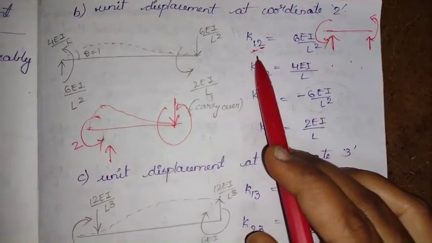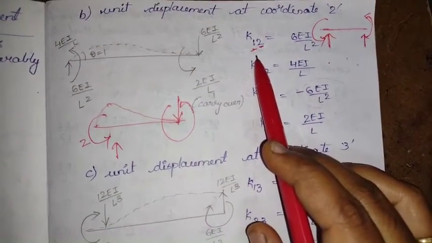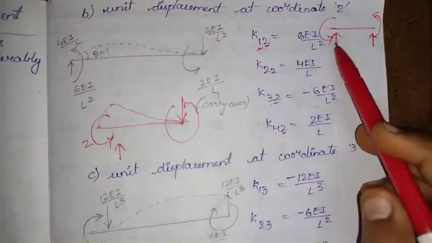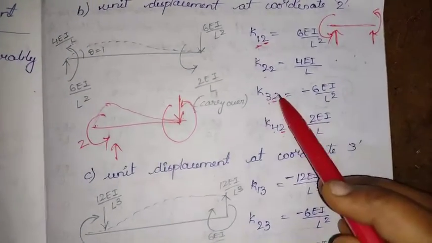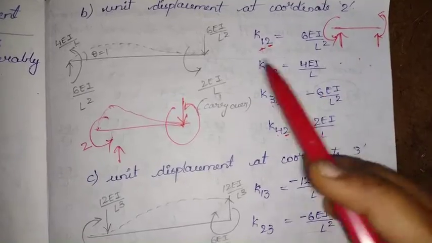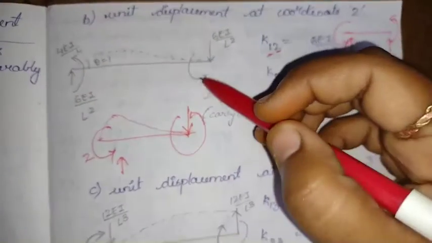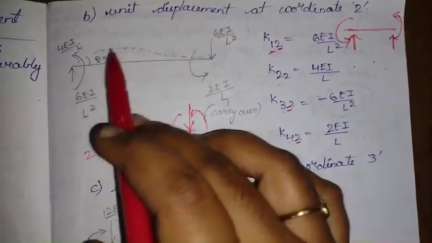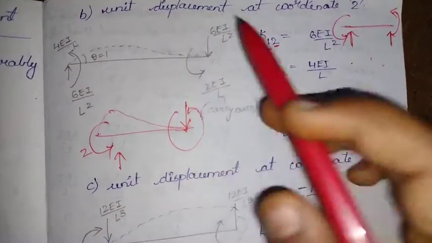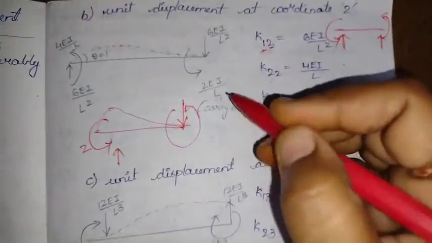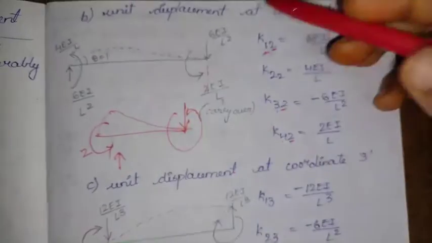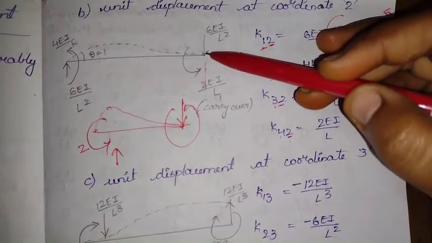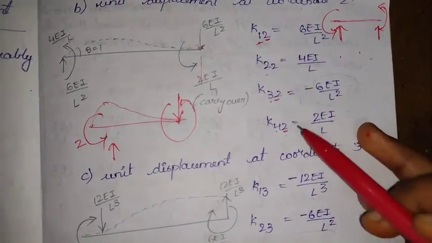So K12, that is one movement and one reaction, 6EI by L square. 3-2 is also one movement and one reaction, and it is in the negative direction. We considered this to be the upward direction, but it is in the downward direction. As it is in the opposite direction, 3 is nothing but the vertical reaction, right? But here we can see it is in the downward direction, so we are taking it as negative.